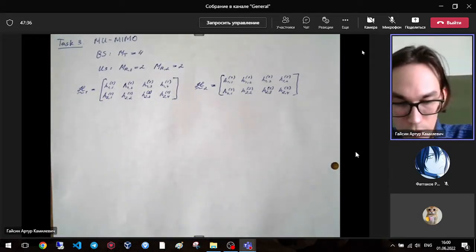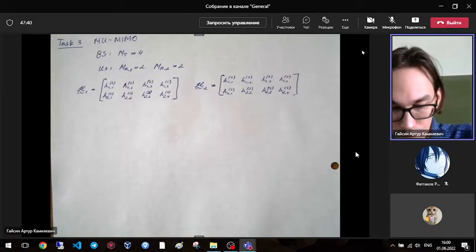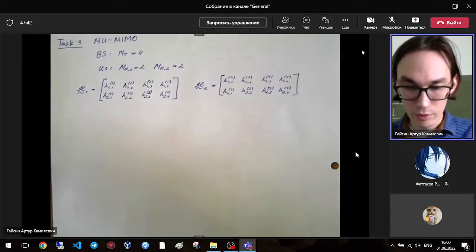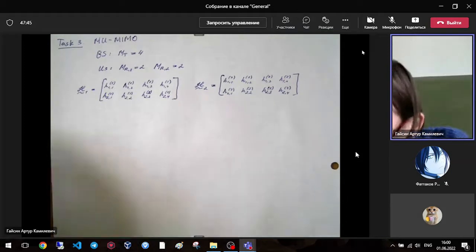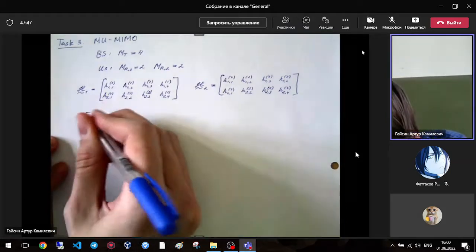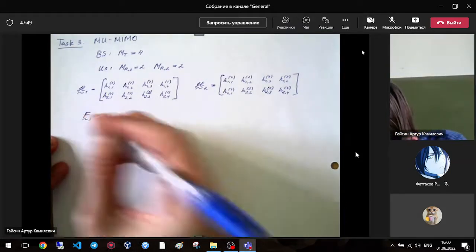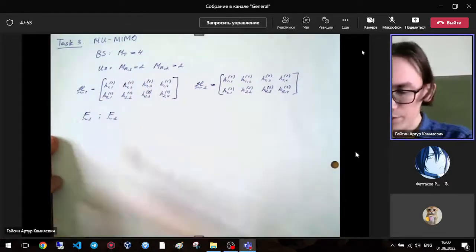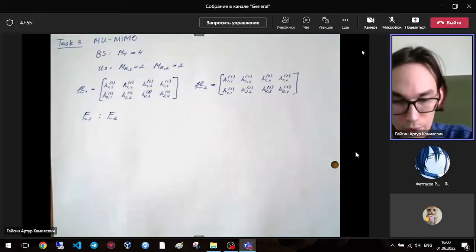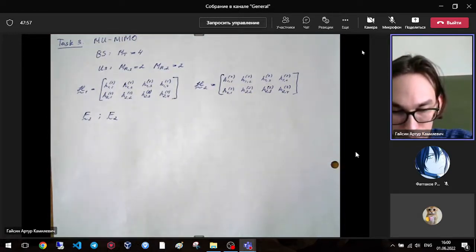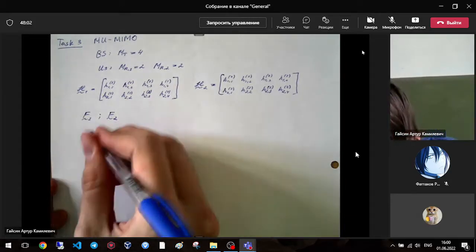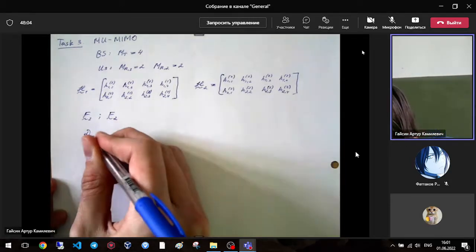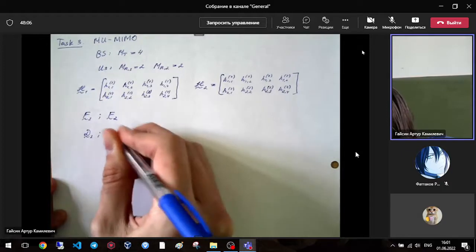Furthermore, F1 and F2 matrices are the precoding matrices at the base station for user 1 and user 2, and they are given. So it is only noted as matrices, F1 and F2, and moreover, decoding matrices also are given by this notation D1 and D2.